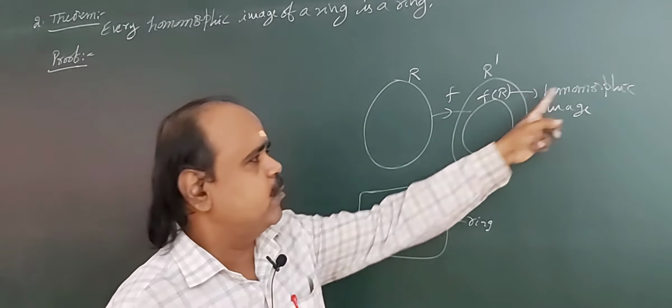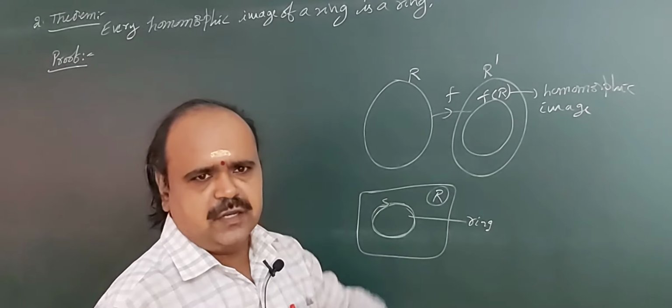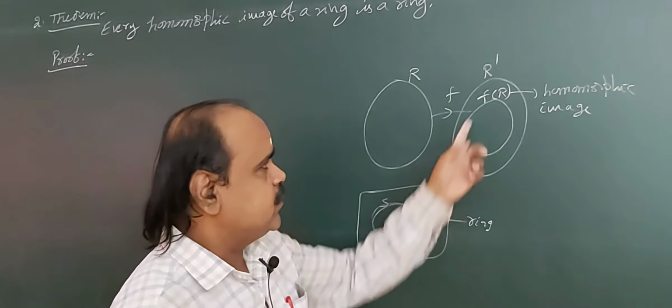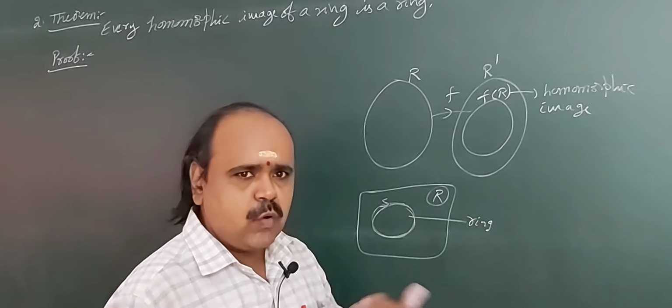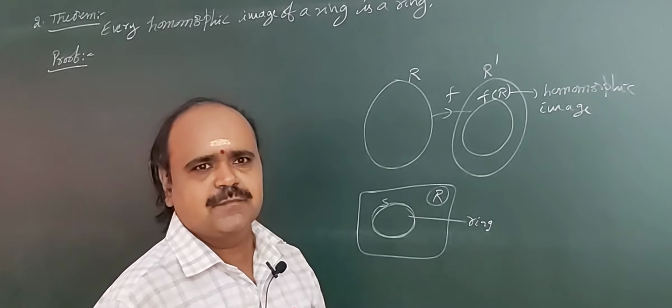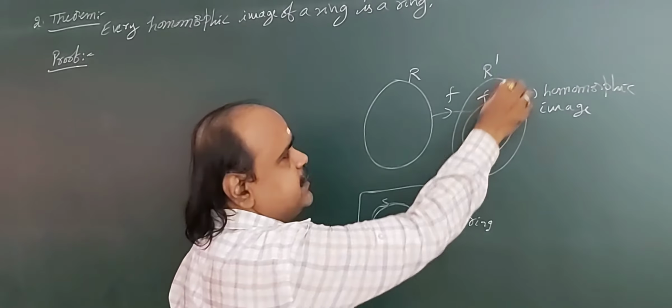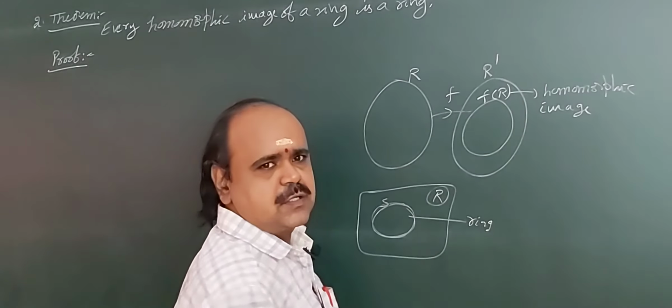Here f of capital R is the homomorphic image. Now we are going to prove this f of capital R is a ring. To prove f of capital R is a ring, we are going to prove f of capital R is a subring of R dash. Why? Because here f of capital R is a subset of a ring capital R dash.